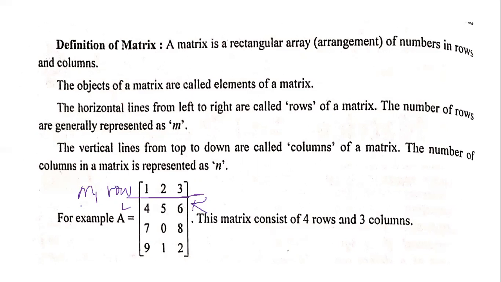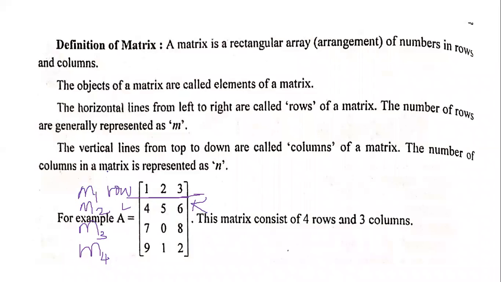First row is M1, next is M2, next is M3, next is M4. In this example, we have 4 rows.